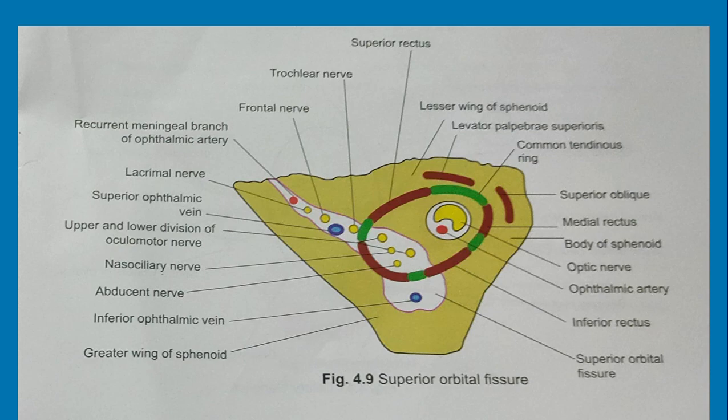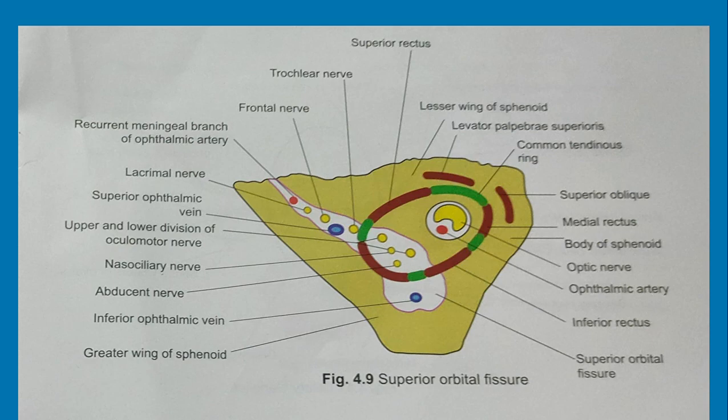I'm asking you, have you studied the sphenoid? Have you gone through the portions? What lessons have you got about it? No, ma'am. Okay. So have you heard the term superior orbital fissure in sphenoid? So you know you have studied the structures passing through it. Sure.